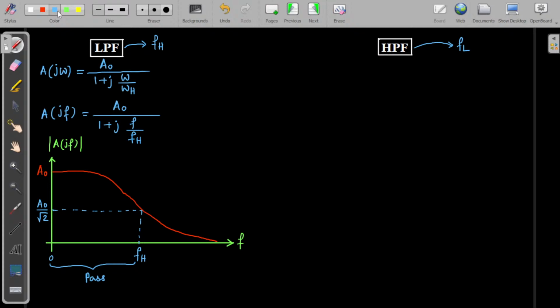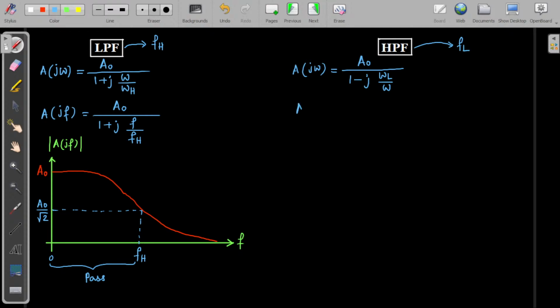In this case, if we want to similarly write the value of A(jω) for the high pass filter, it will be A0 divided by 1 minus j, ωL divided by ω. What is ωL? The lower cutoff frequency.